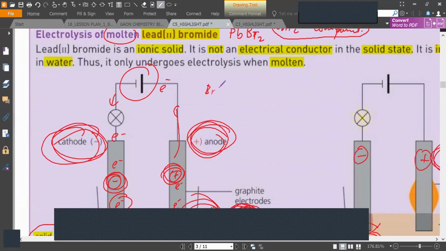We are forcing it to return back to the element, so we need to provide energy here.